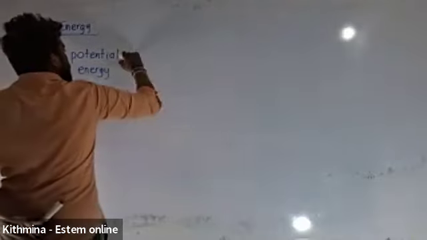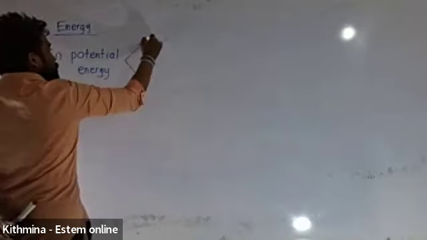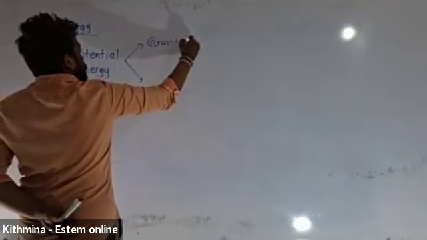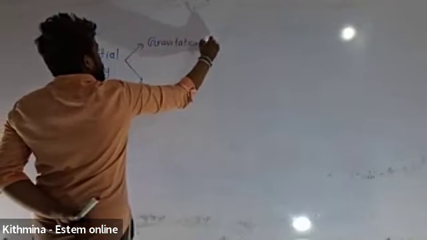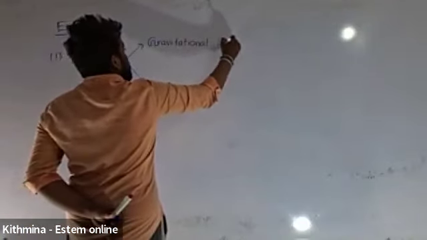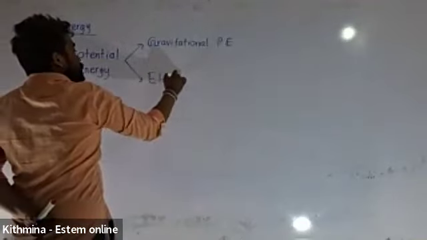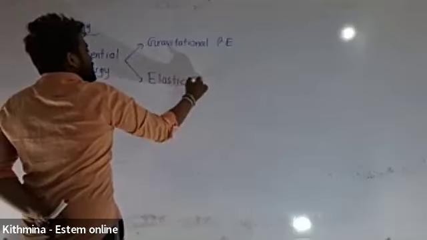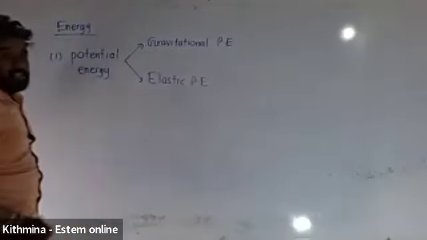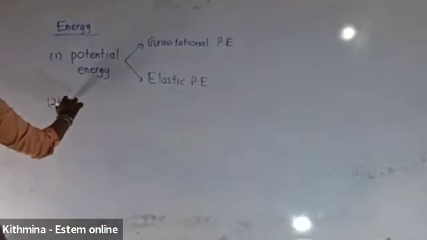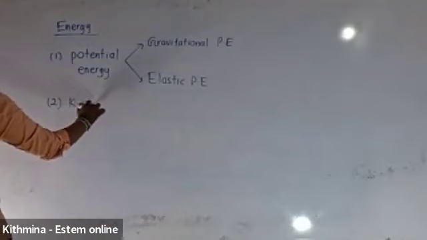In potential energy there are two types: gravitational potential energy, and elastic potential energy. The second one is kinetic energy.